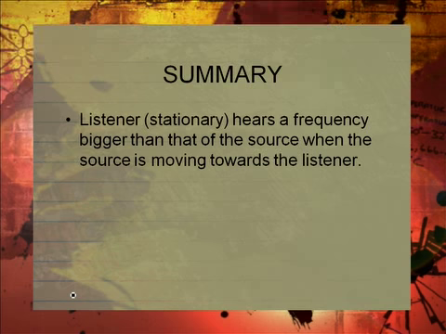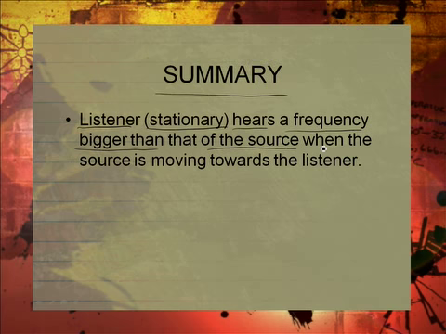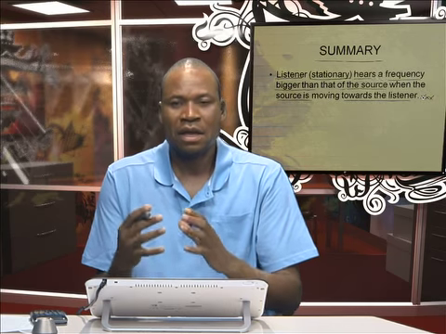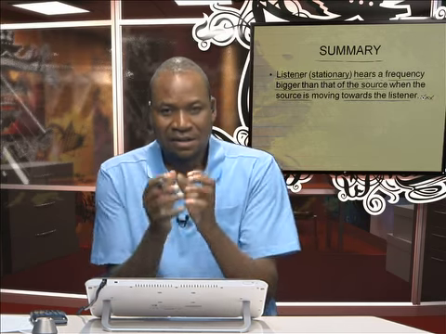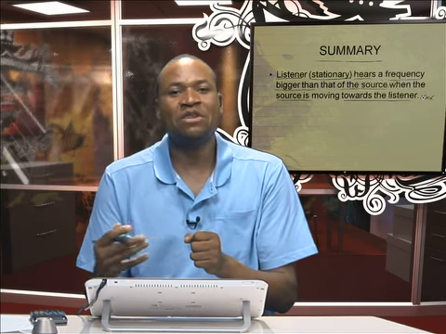Now, summarizing this whole thing: a listener who is stationary would hear a frequency bigger than that of the source when the source is moving towards the listener. Understand this? The stationary listener will hear a frequency bigger than that of the source if the source is approaching the listener.